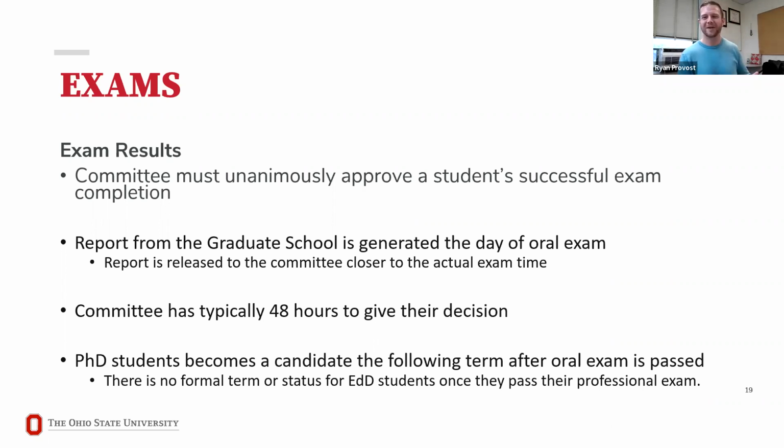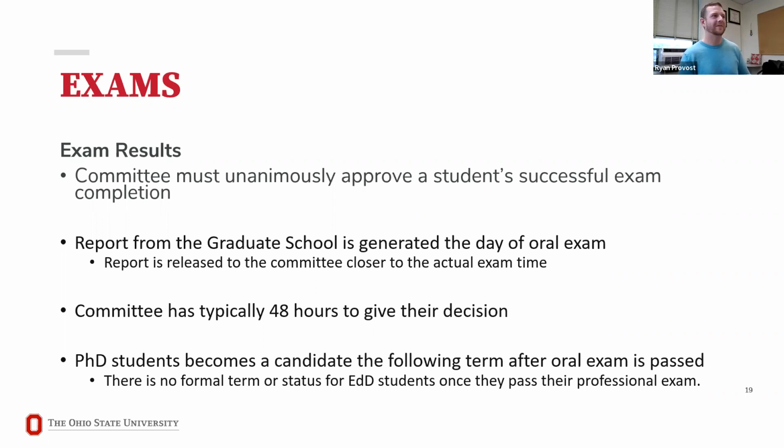That just offers more opportunities for someone to not approve that exam. So just know it has to be a unanimous decision in order for you to successfully complete the exam.